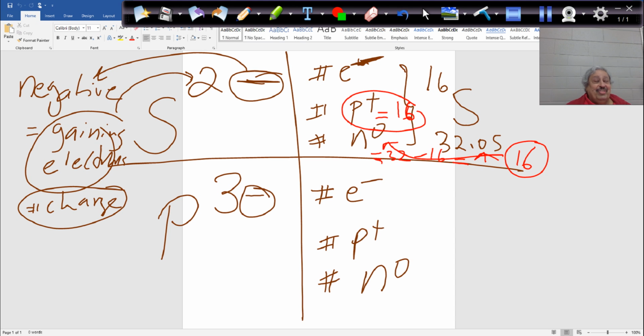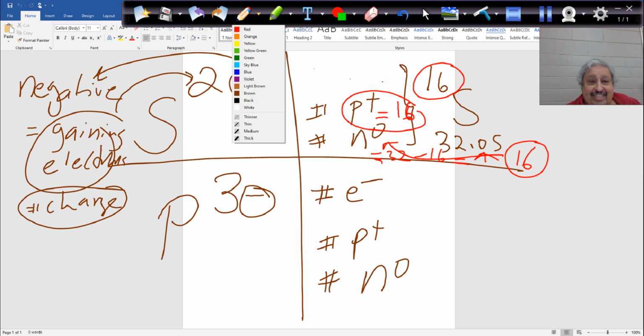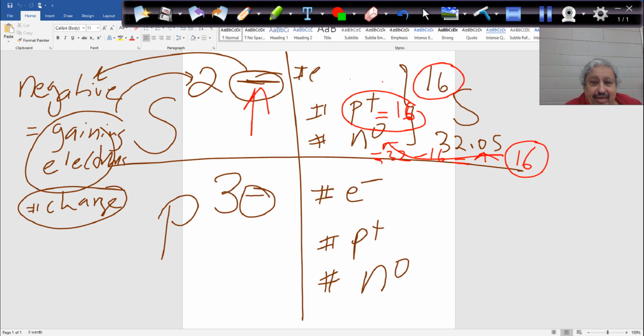Okay, how about the electrons? That's a problem, electrons. We have 16 here. Since we have negative charge here, we have to do what? Always, as I said, the number of atomic mass or mass number is not changing.